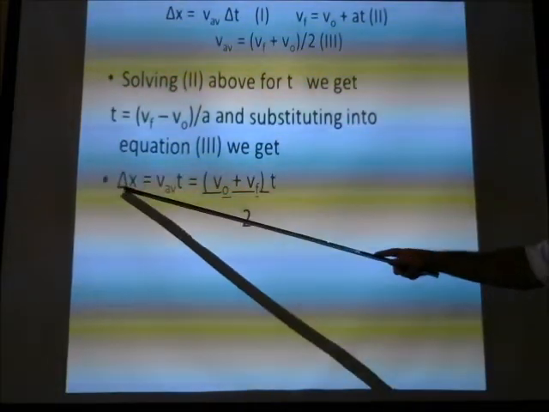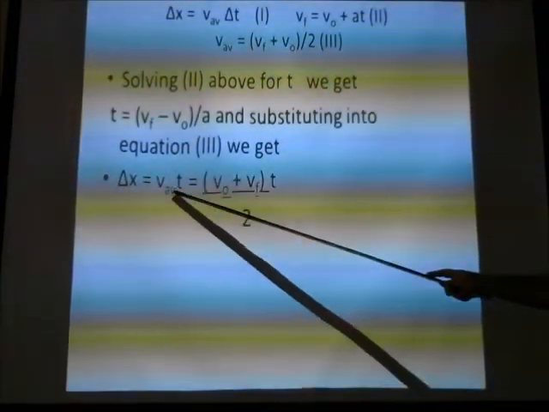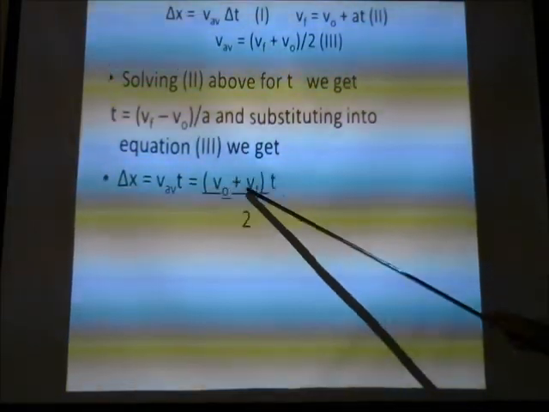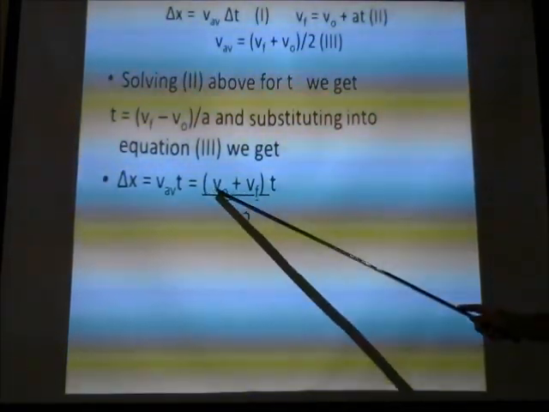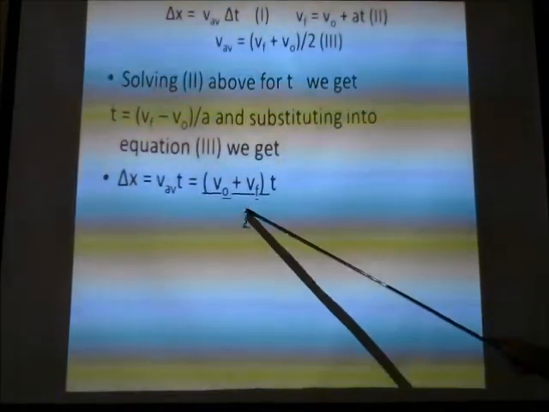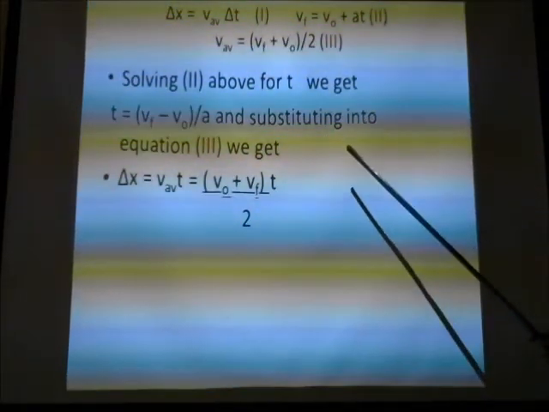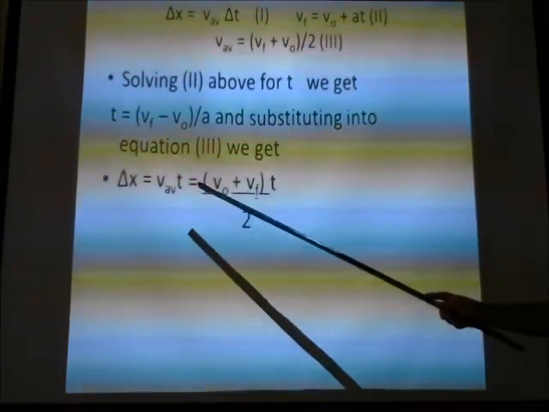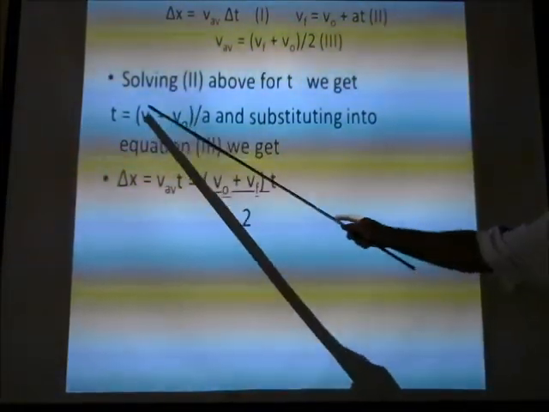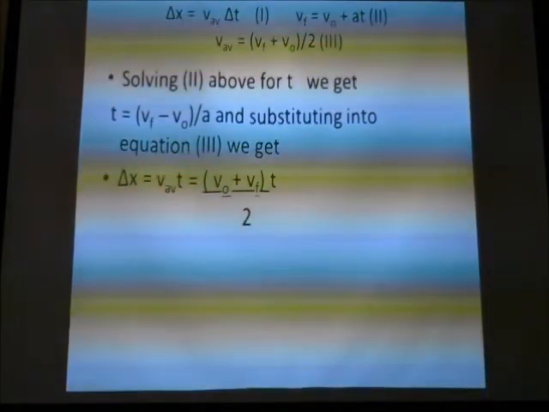We get change of position equals average velocity times time. This is Vf plus V naught over 2 times t. Now we're going to substitute for this time, this Vf minus V naught over a.